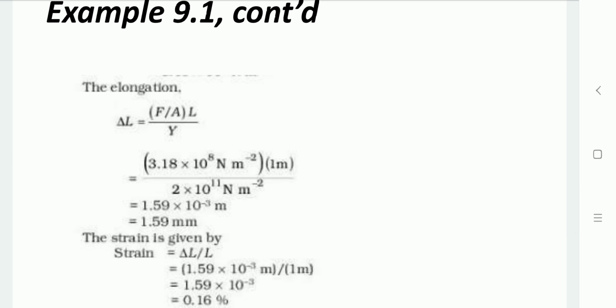So delta L equals F by A into L by Y. Young's modulus is already given in the example, that is 2 into 10 raised to 11 Newton per meter square. Now we have all the values: F, A, L is given as 1 meter, and Y is given. Substituting all the values, we get delta L equal to 1.59 millimeter.